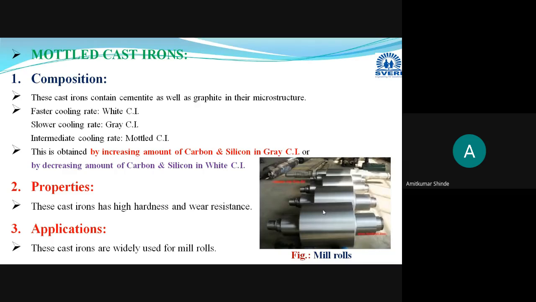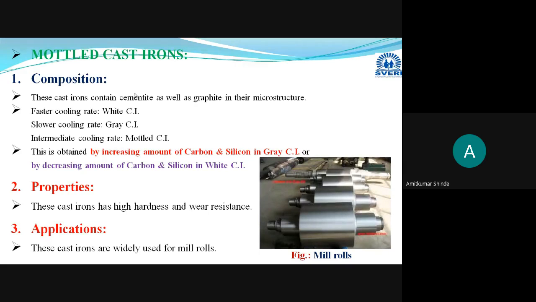Free carbon in the form of graphite will be there, and carbon in combined form will be present as a compound, that is cementite. Now, to get the mottled cast iron, you have to select the cooling rate properly. As we have discussed earlier, whenever the cooling rate is very fast, you will end up with white cast iron, where carbon is present in the combined form.